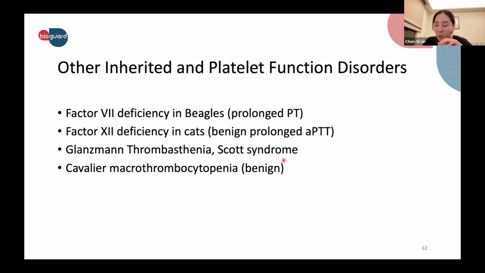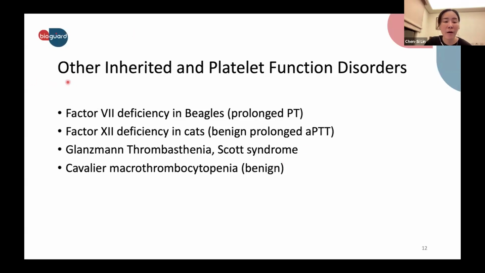So far we've covered two kinds of breed-specific disease, VWD and hemophilia.